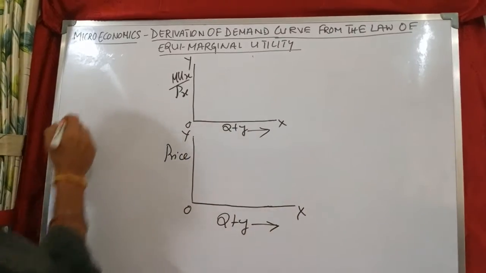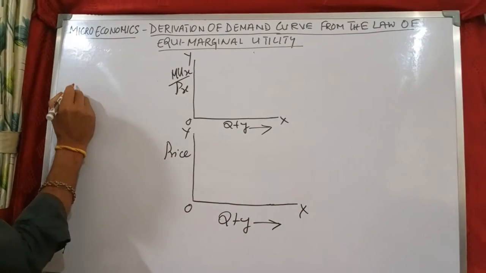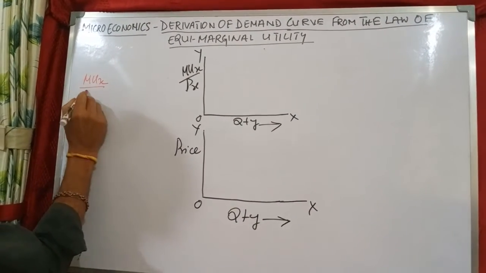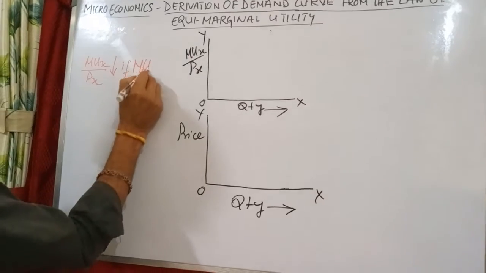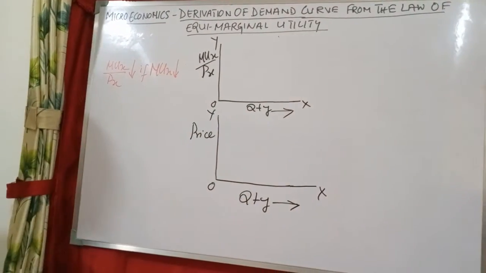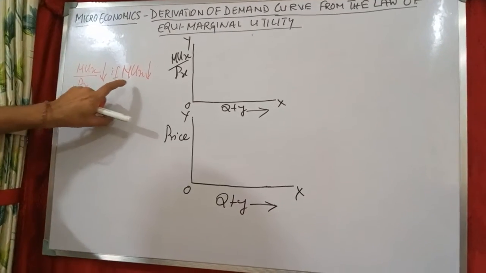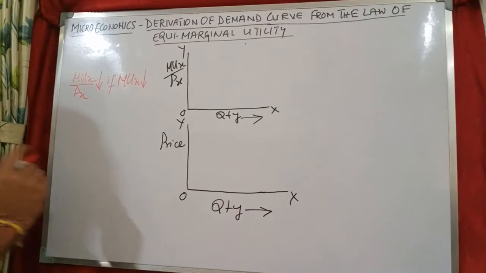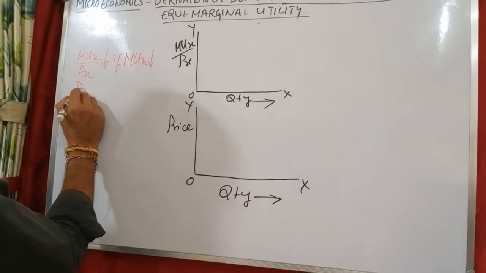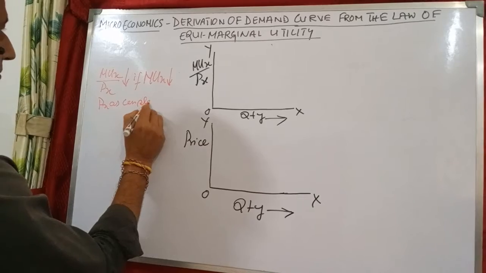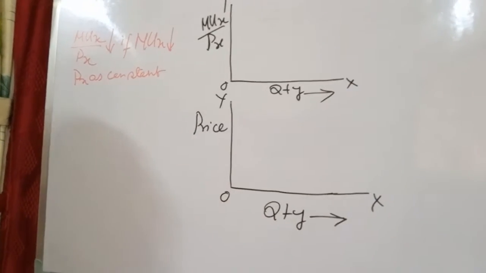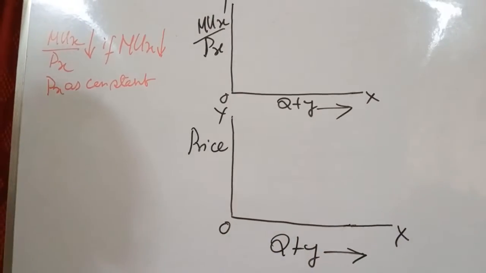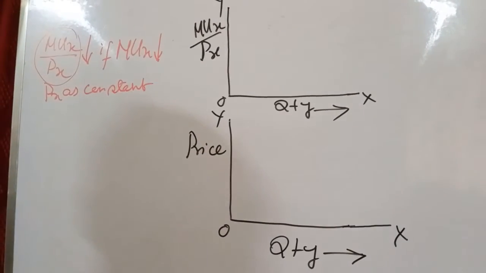Now MUx by Px will fall if MUx falls. As we are considering Px as constant, so if Px remains constant, that is price of x remains constant, marginal utility will fall, and as a result the value of this fraction will fall, will come down.